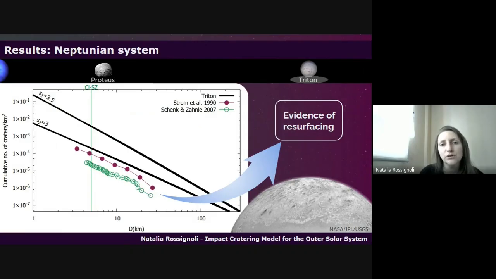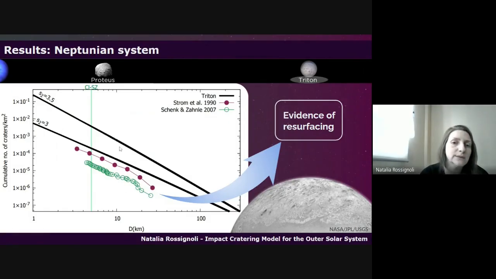So this capture can lead to a very large resurfacing process that acts globally on this satellite because the circularization of its orbit can produce tidal heating that may cause this global resurfacing. So in this case, we overestimate the observed craters, as you can see here, for both our indexes in the size-frequency distribution, but this is compatible with this resurfacing process.